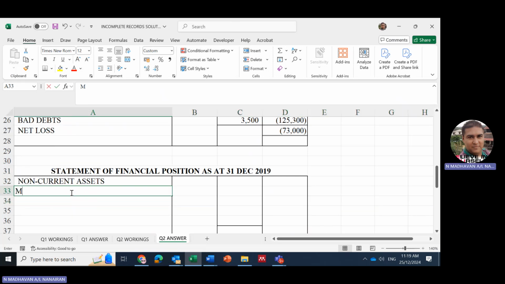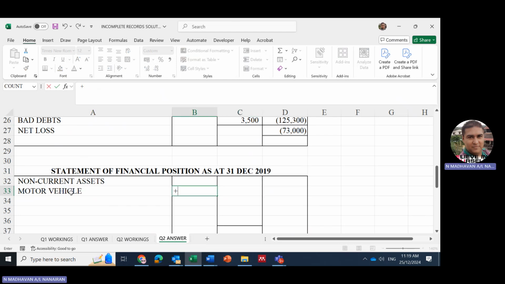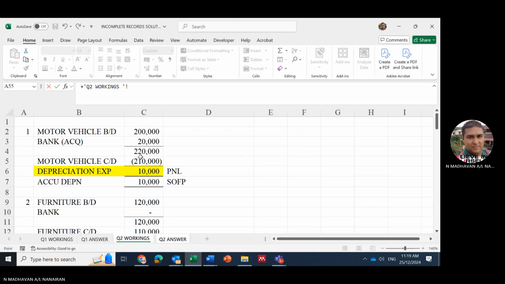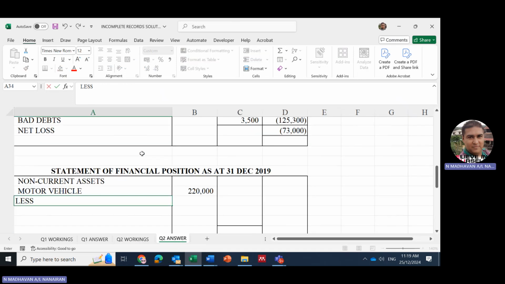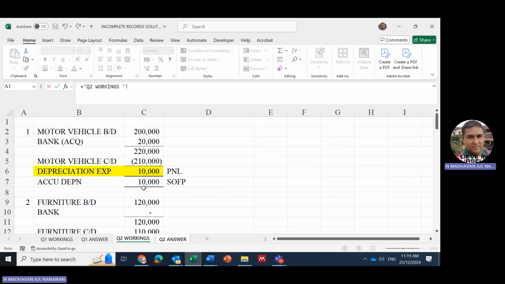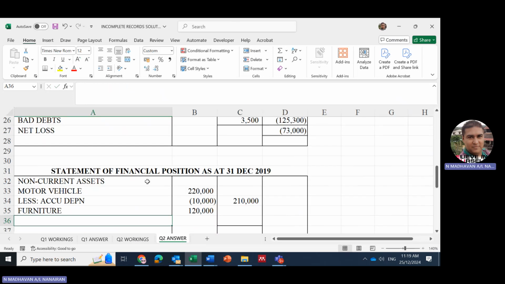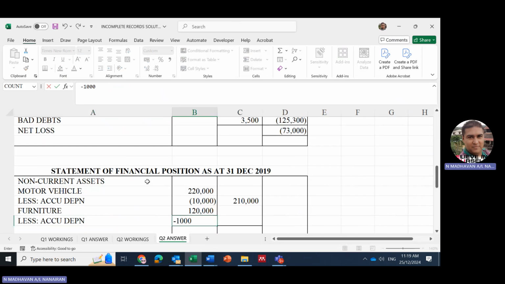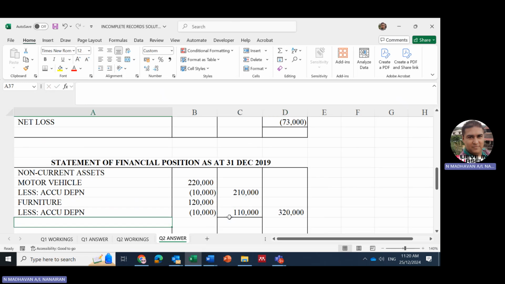Okay, let's look into the statement of financial position for 2019. What is the first asset you have? Motor vehicle. How much is motor vehicle? 220 less accumulated depreciation, 10,210. Then you have furniture, which is 120 less accumulated depreciation, 110, giving you a total of 320, correct?